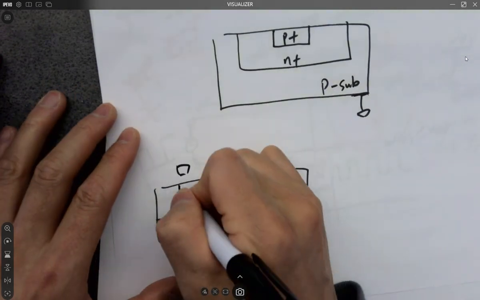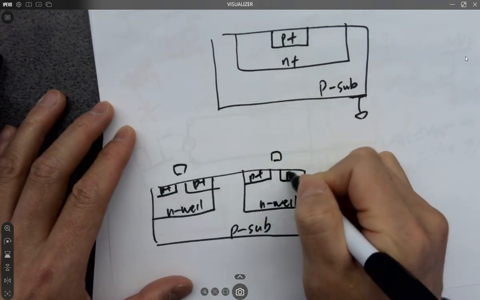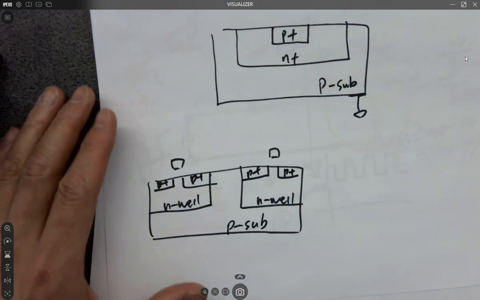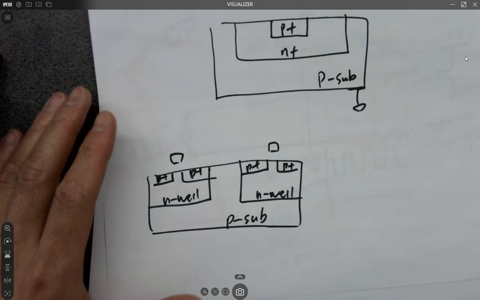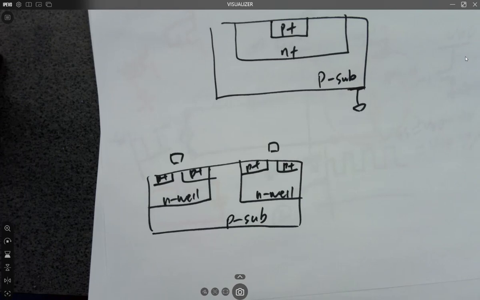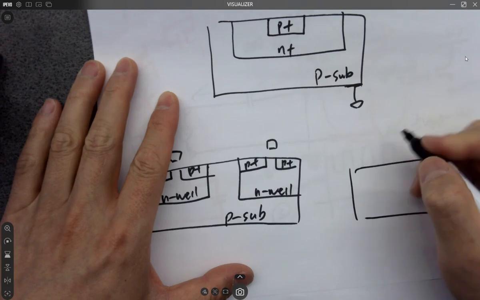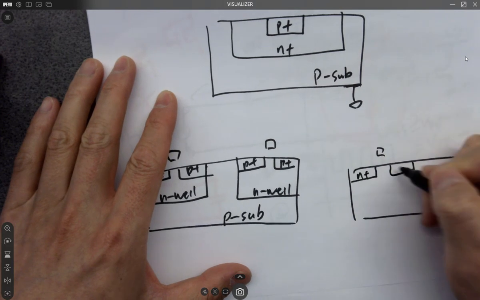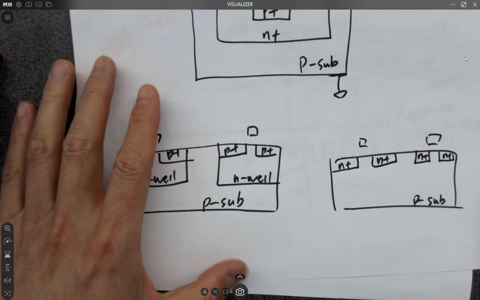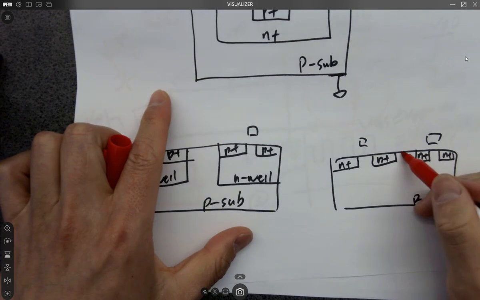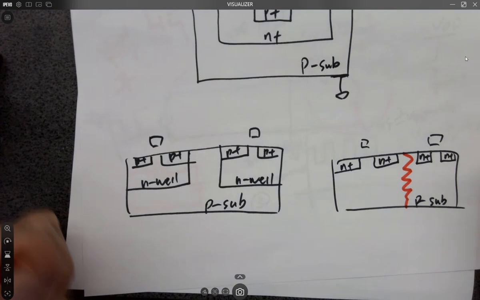Can you place NMOSes in different P subs? Break it. Just kidding. So you cannot. They have to be in the same well.